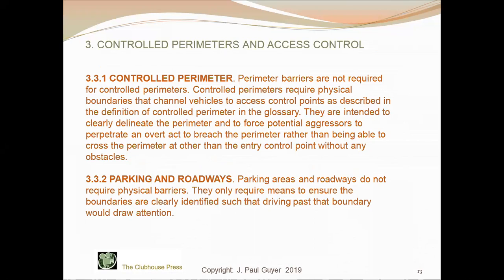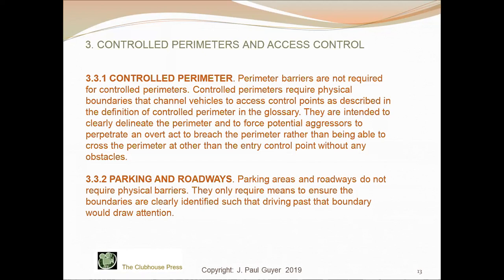Often you do, but the controlled perimeters require physical boundaries that channel vehicles to the access control points as described in the definition of a controlled perimeter. And they are intended to clearly delineate the perimeter and to force potential aggressors to perpetrate an overt act to breach the perimeter, rather than being able to cross the perimeter at other than the entry control points without any obstacles.